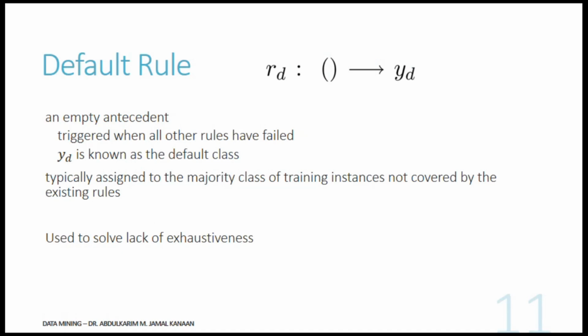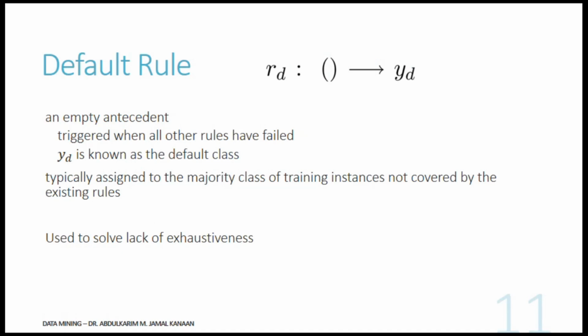Like in this example, the default rule has an empty antecedent. There is no condition, same as in if-then in programming languages. You don't put else if, just else. There's no condition, and whatever comes in should lead to some class, YD. YD means the class we are looking for. What is YD? The majority class. Let's say the majority of the cases in my data set are reptiles.